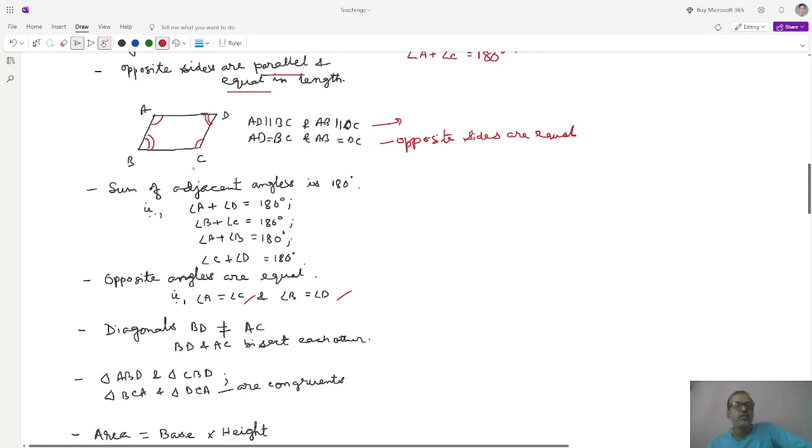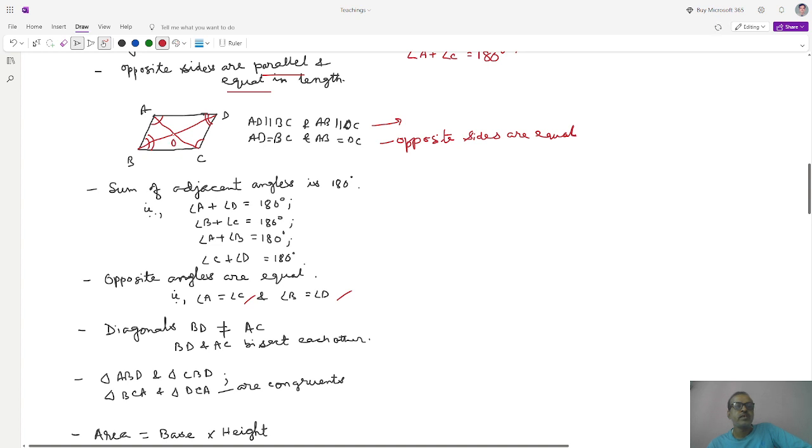Diagonals. We know that in a quadrilateral, there are two diagonals. A parallelogram is basically a quadrilateral, so there are two diagonals. Here, BD and AC are the diagonals, and they are not equal to each other. But BD and AC bisect each other.